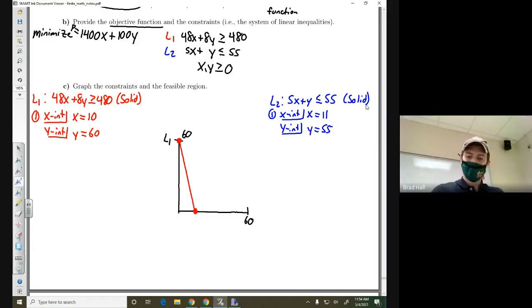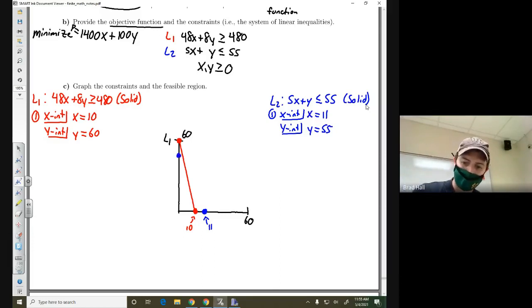so I don't forget about it. And so for the second line, we have an X-intercept of 11, which needs to go to the right of our first X-intercept of 10. I'm going to put that over here. This one's the X-intercept of 11. This one's the X-intercept of 10. So we need to make sure that they're on the correct sides of each other. And Y is 55.